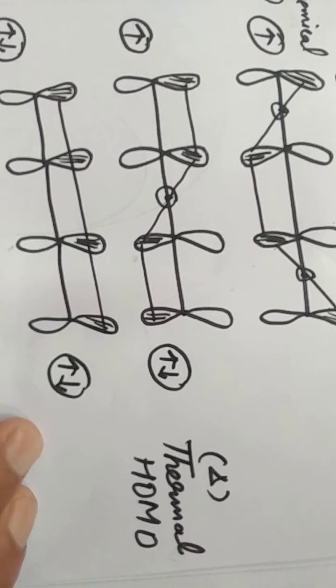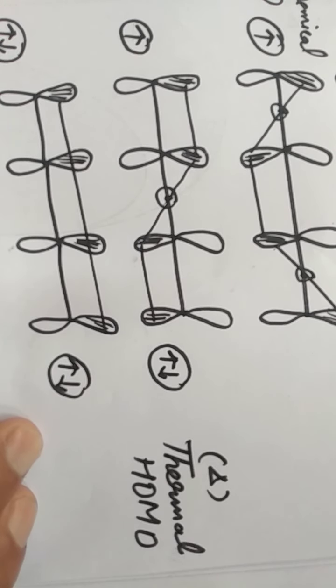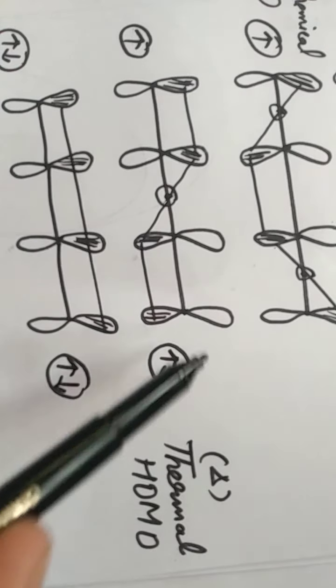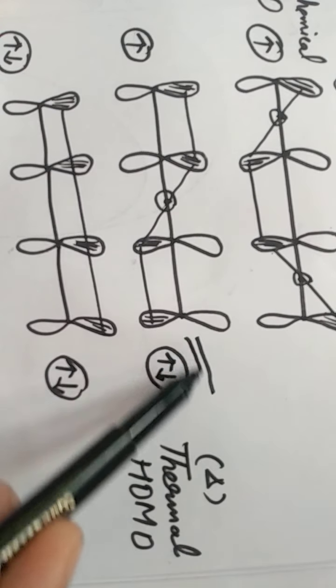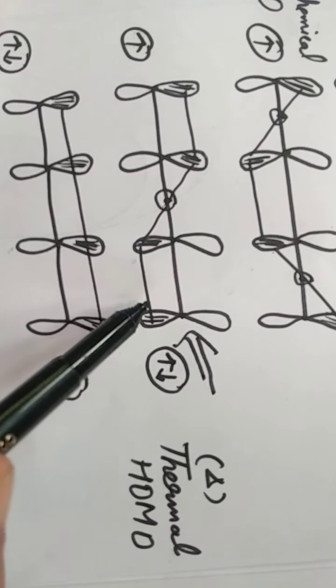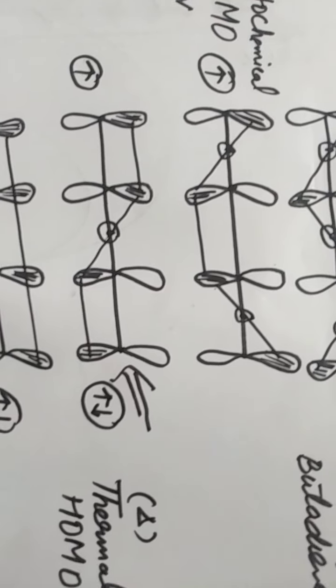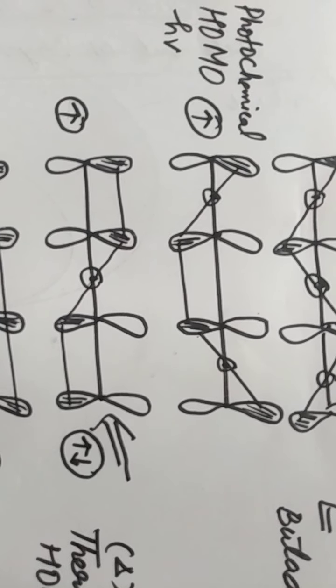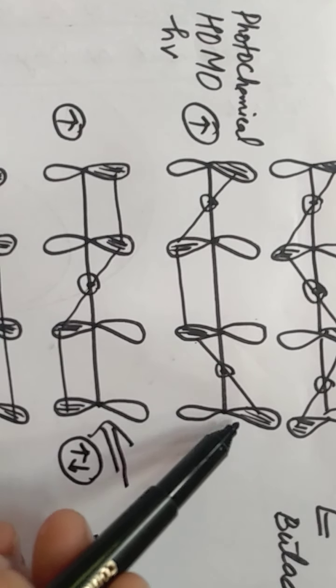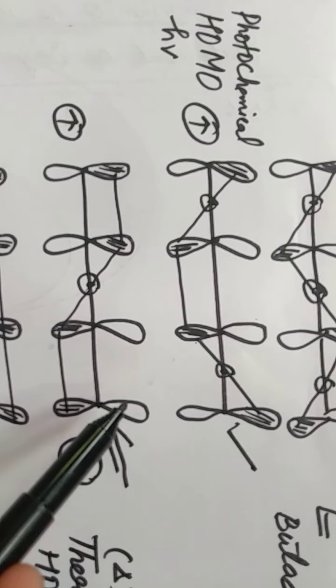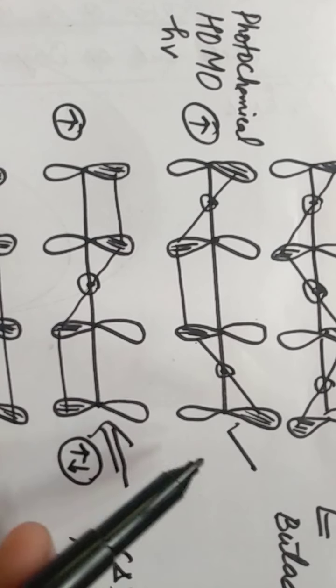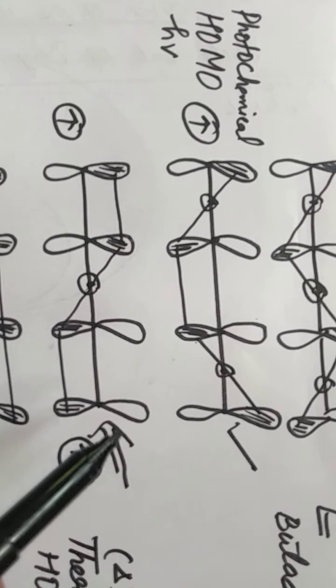I have drawn homemade HOMO for butadiene. So this one is the HOMO for thermal reactions, right? And this one is the photochemical HOMO for butadiene, right?